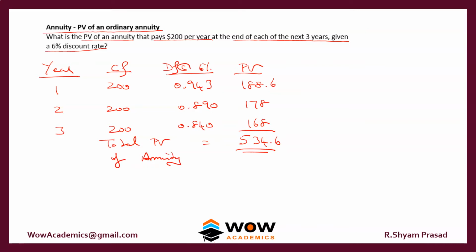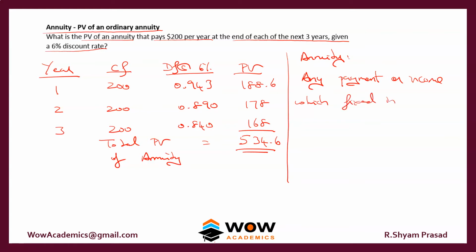Now the question arises, what is an annuity? Annuity is any payment or income which is fixed in amount and received or paid over a number of years.